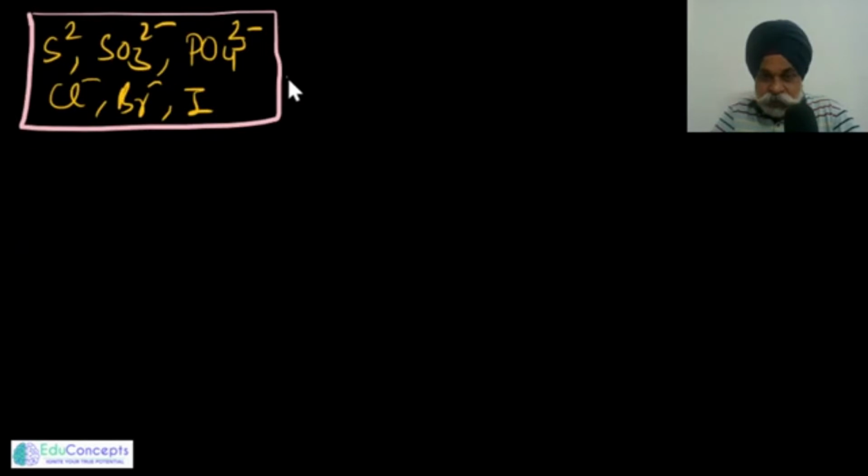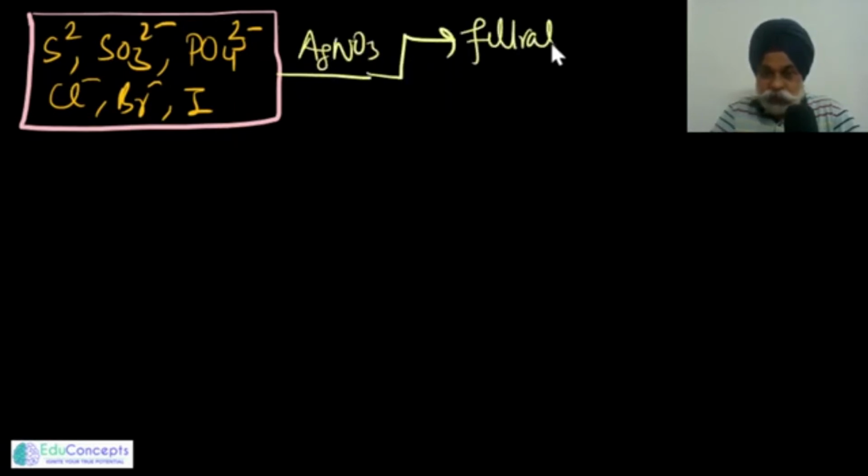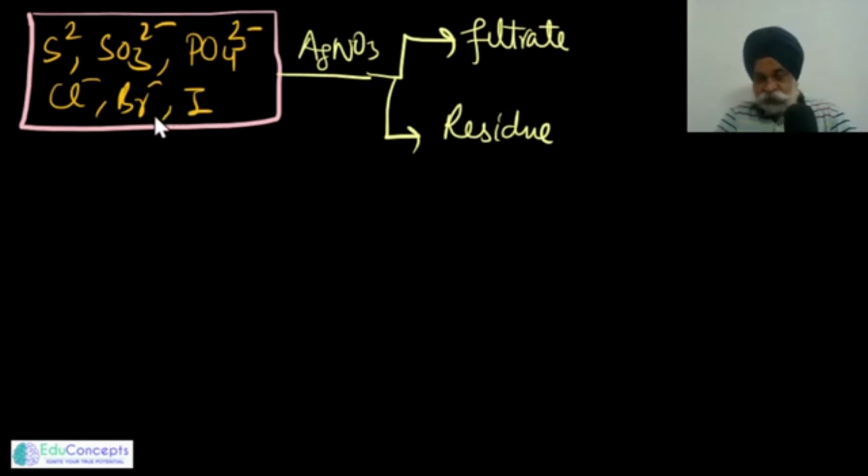So first they treated this with silver nitrate. As a consequence, you would get a filtrate and you would also get a residue. Now this we have done many times. Earlier I also said in the last sessions 1 and 2 that silver nitrate is such a good precipitating reagent.